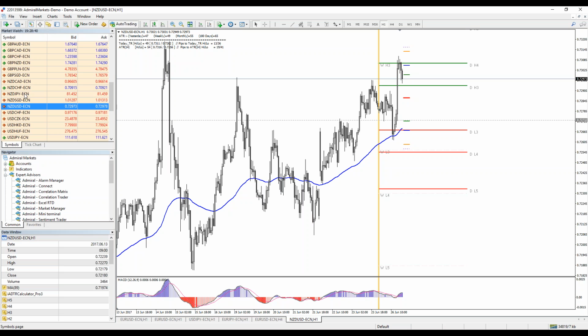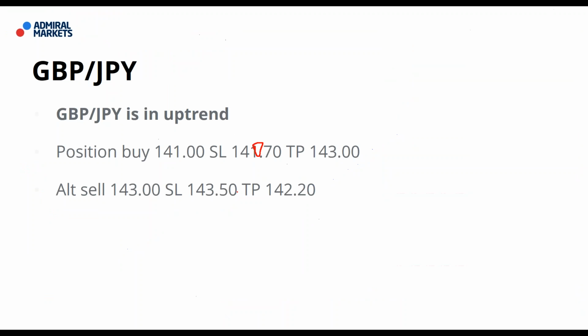Yes, Luca, stop loss on pound yen is 140.70, of course, because when you buy, you cannot place your stop loss above. You need to place it below, so 140.70. Pound dollar with POC zones.